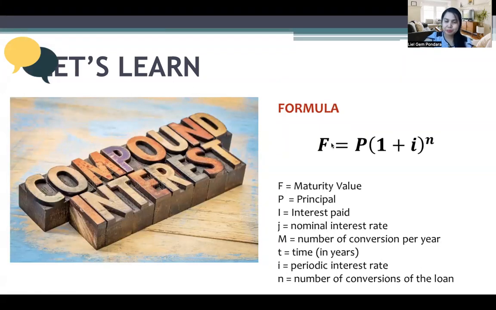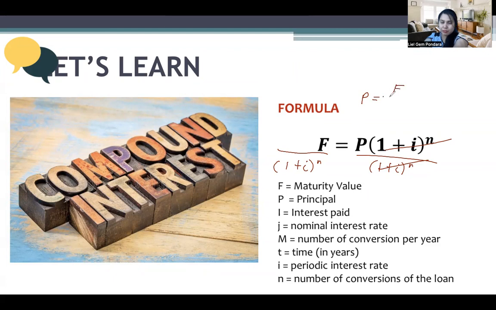Now, for example, if the missing is the principal, then we can divide both sides by 1 plus i to the power of n. So if you're looking for the principal, our formula can be the future value or the maturity value all divided by 1 plus i to the power of n.